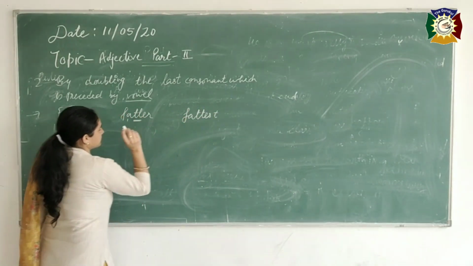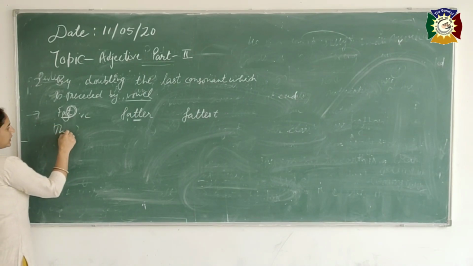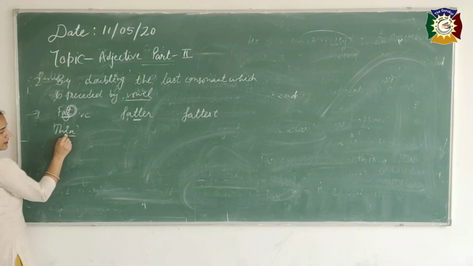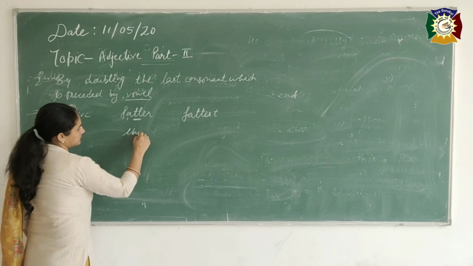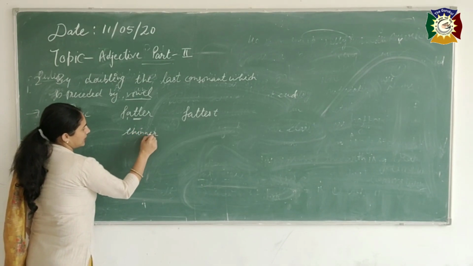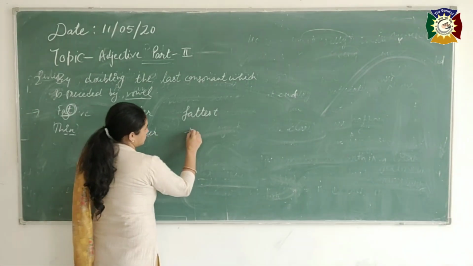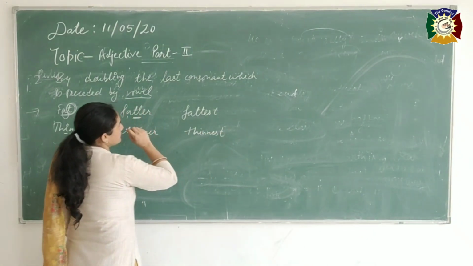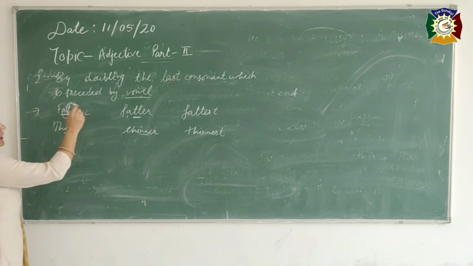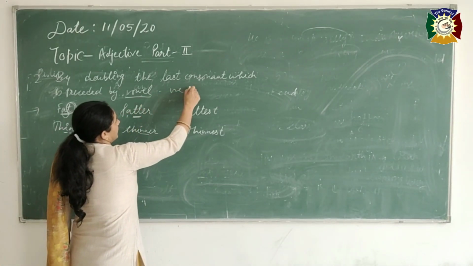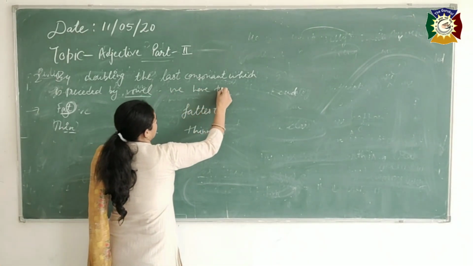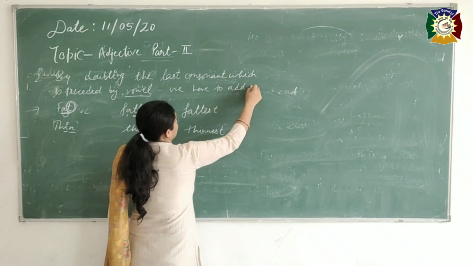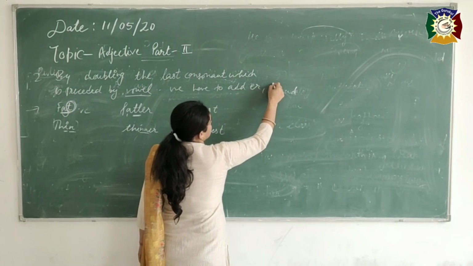We have to double the last consonant which is preceded by the vowel, fatter. Fattest. Right? Thin. I. Thinner. We have to double the last consonant, thinner. And thinnest. Right one? And here we can say we have to add ER and EST.